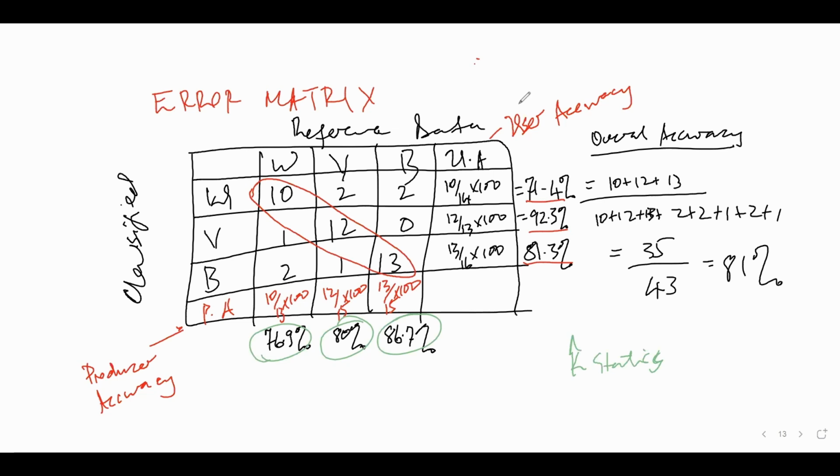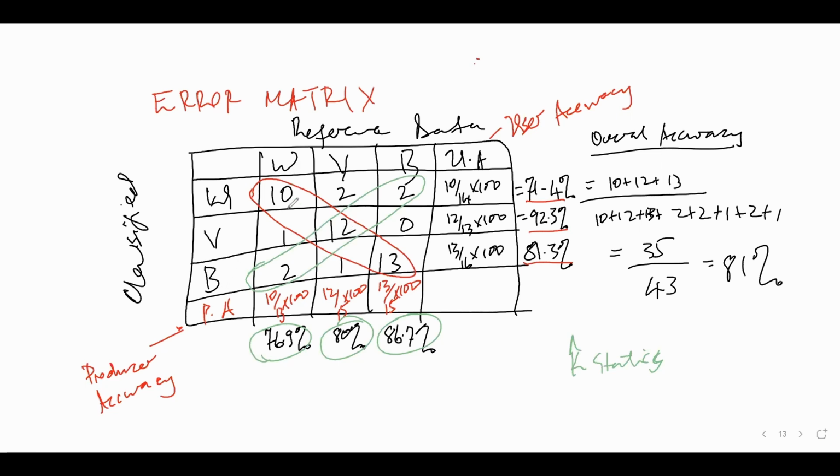Now, this diagonal is showing us the classes which were mapped. So here we are looking at water mapped, which is mapped water, and on the ground it is water. For argument's sake, let's pick here built-up area, where we have classified it as built-up area, but on the ground, it is water.